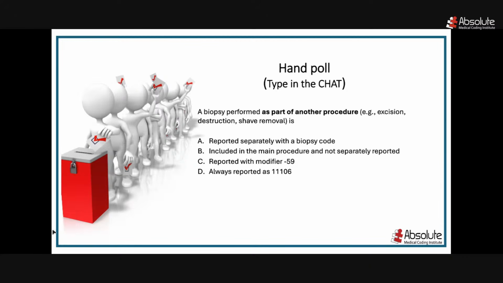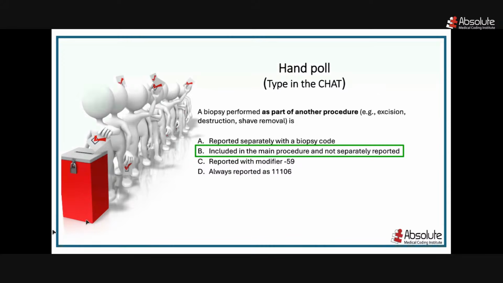So follow the guidelines. Here we are going to have an aha moment. Read the question once again. A biopsy performed as a part of another procedure. So that is done as a part of another procedure, right? And if it is performed as a part of another procedure, we can't code them.